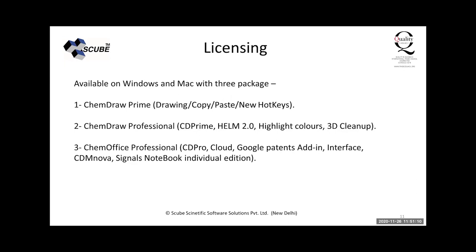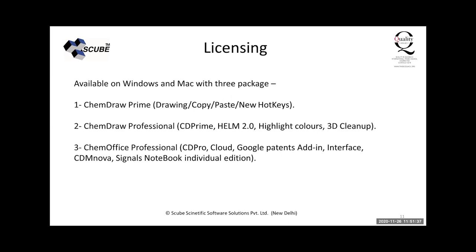Then after ChemDraw Professional comes ChemOffice Professional, which includes all the features and functionality of ChemDraw Professional, plus the Cloud, right? ChemOffice Cloud that we have discussed. Then the Google Patents add-in, right? This feature will be published in the minor revision of ChemDraw.